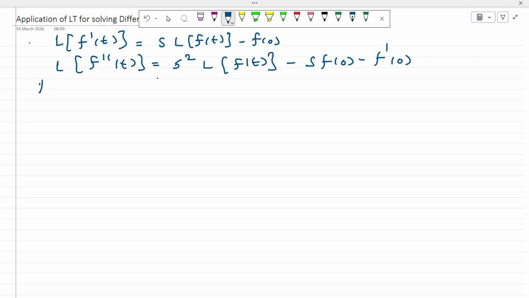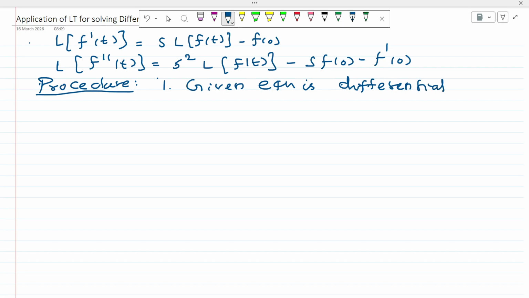So what is the procedure for solving a given differential equation? One, the given equation is a differential equation with the initial conditions.